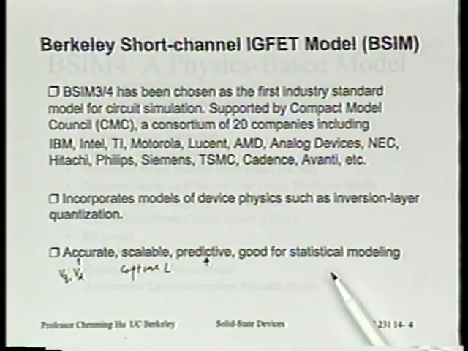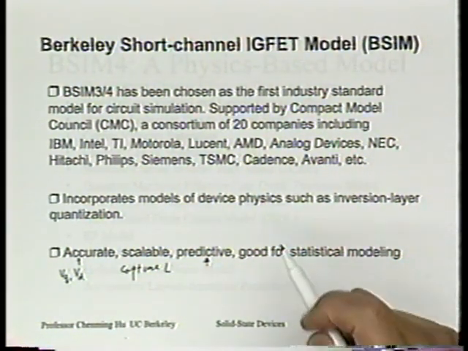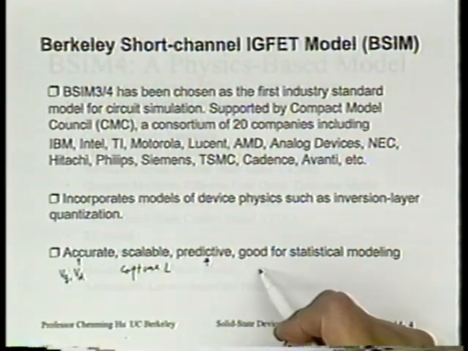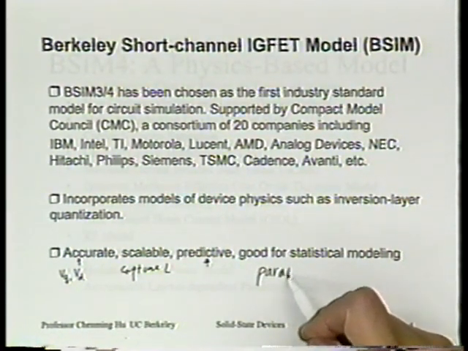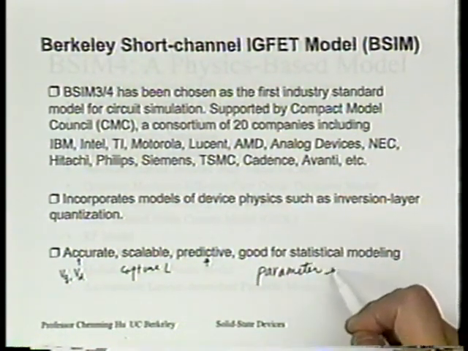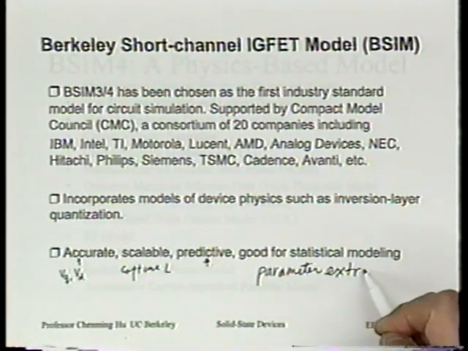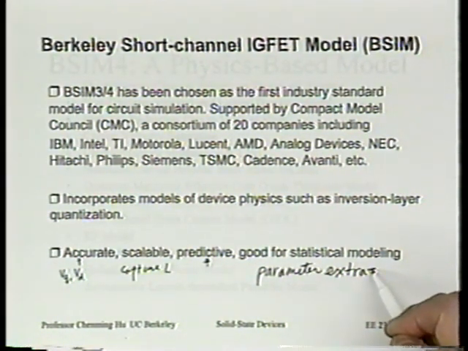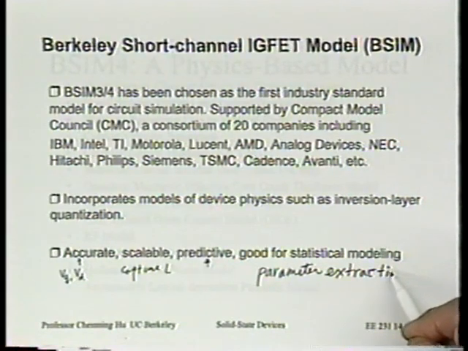So that's the question. Another thing I want to call your attention to is parameter extraction. Parameter extraction just means determining those parameters that are used for quote-unquote curve fitting. All right?